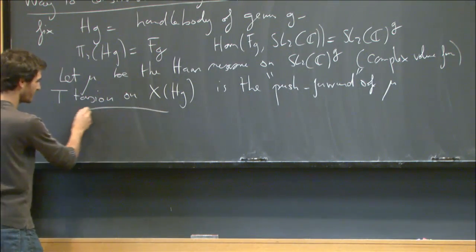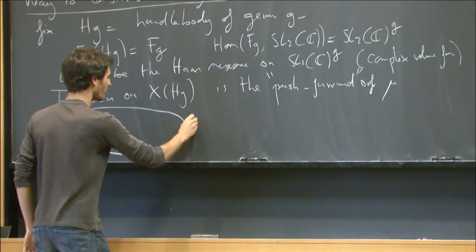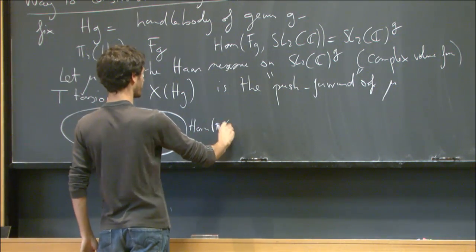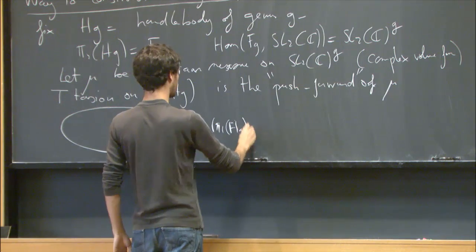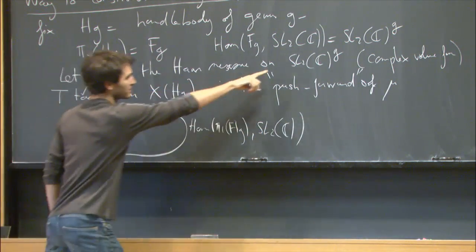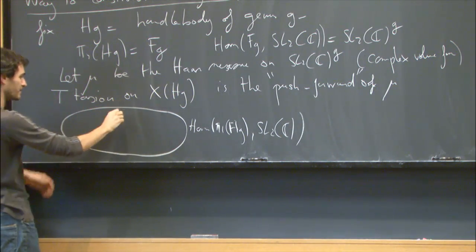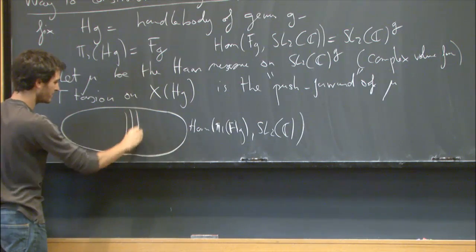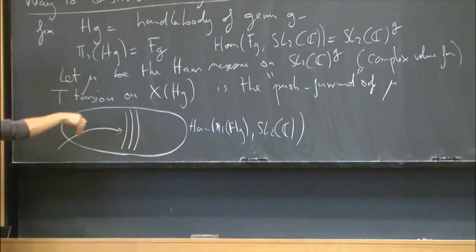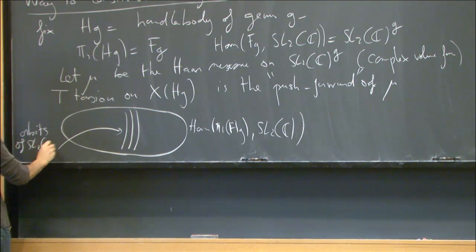Here you have, let me make a picture. This is the set of all representations. And this is just the quotient by conjugation. So I have here the Haar measure inside, and I have here the orbits of SL2C acting by conjugation.